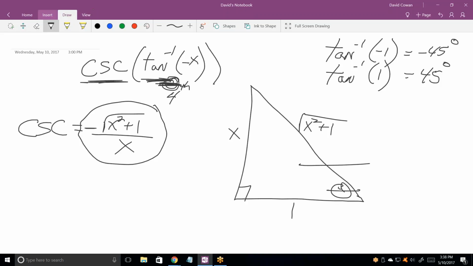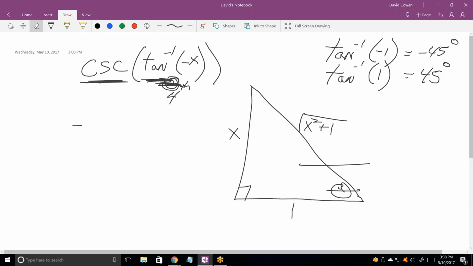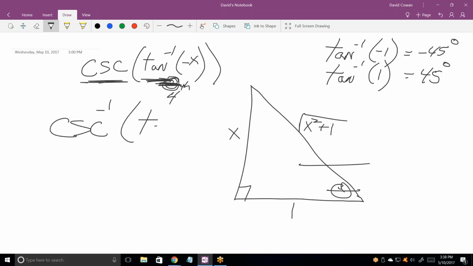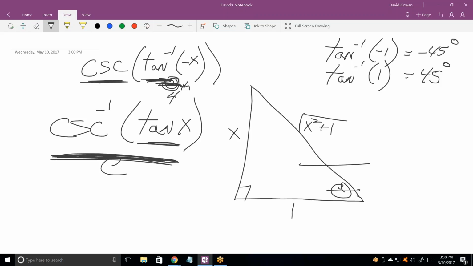Now if it's the reverse situation, let's say it was the inverse cosecant of the tangent, that's a different problem altogether. Now that's not an angle. That's a ratio. The whole thing is the angle.